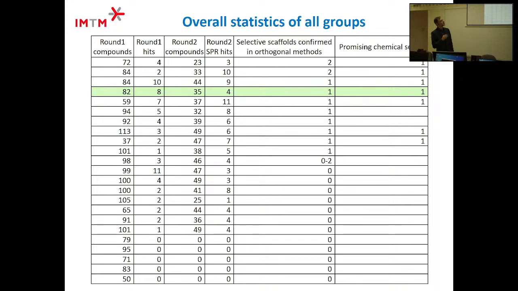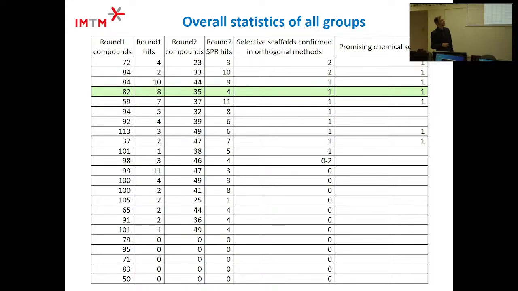That was the third result among all these groups. There are just 10 or 11 hits more. What was also interesting is that the group which discovered 11 hits discovered 0 hits after the second round. For me, it was quite surprising. From 11 molecules, they couldn't optimize at least one or find some reasonable structure-activity relationships around those hits.